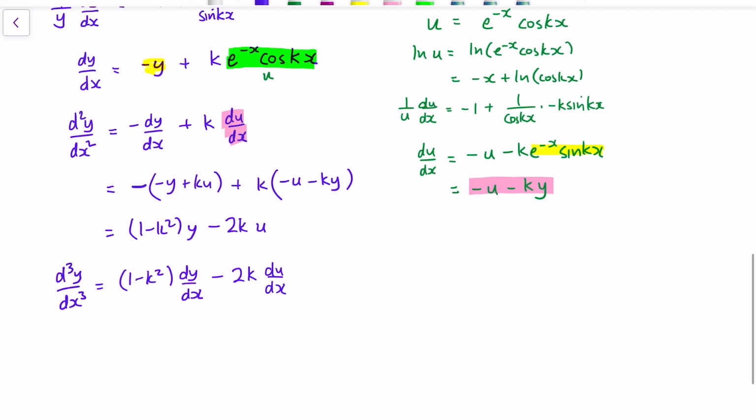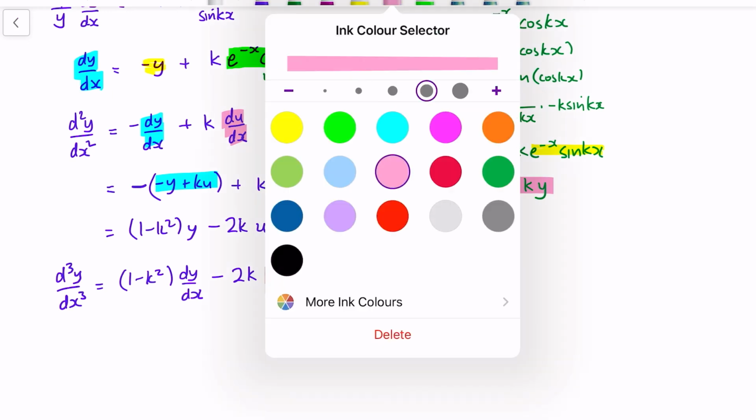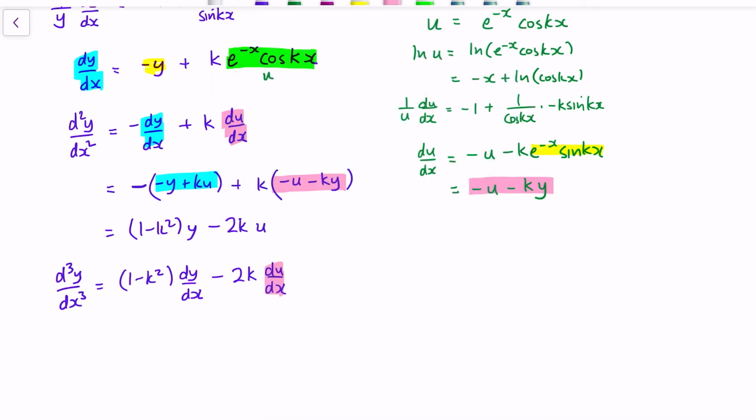And then we do the same thing, we replace the expressions like I did earlier when I had a dy/dx, I replaced the expression, and when I had a du/dx, I replaced the expression. So dy/dx is equal to minus y plus ku, and du/dx is equal to minus u minus ky.